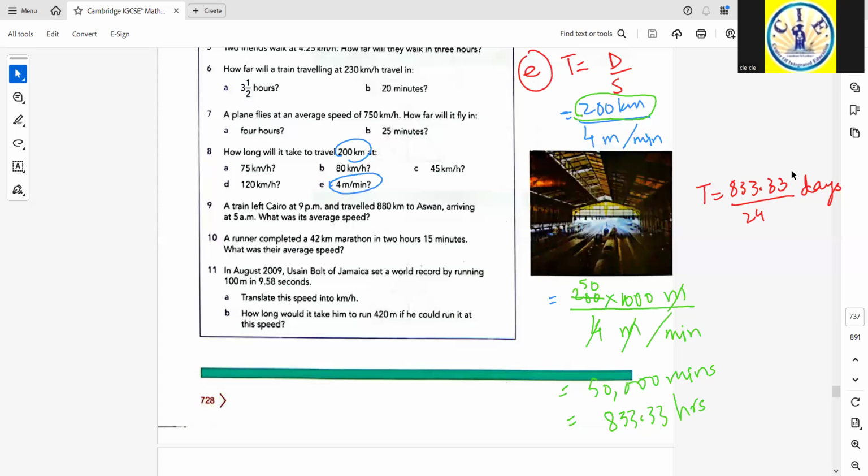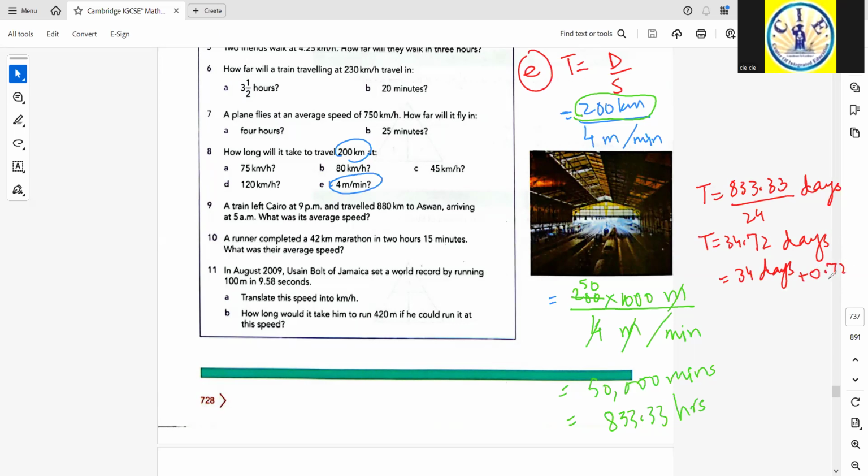So 833.33 divided by 24 is 34.72. That is 34.72 days. That means 34 days for this 0.72.